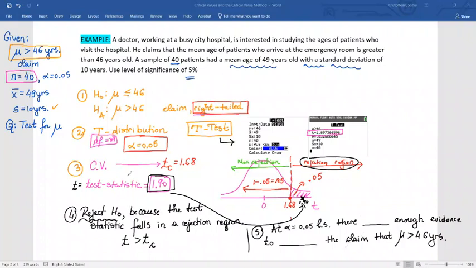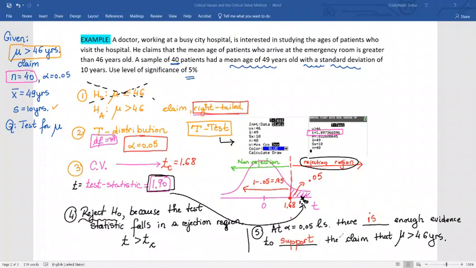Or keep in mind, we rejected the null hypothesis, which means we always start with is. Right here, there is enough evidence to support or reject the claim. Well, the claim was the second one, the alternative hypothesis, and it seems that we are supporting that. And this concludes the critical value method applied to this problem.